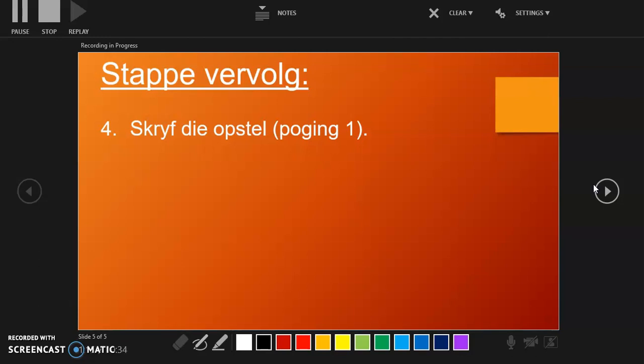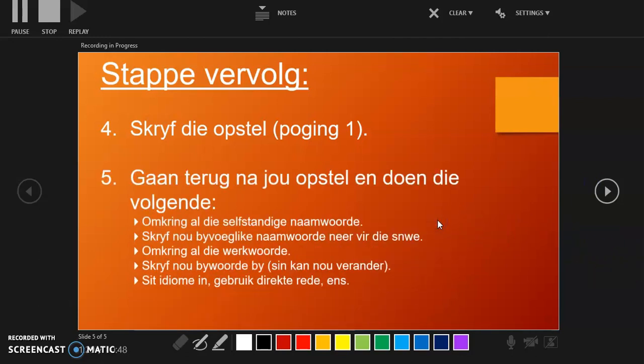You will have 5 paragraphs consisting of 3 sentences each. After writing your essay, this will be like your draft. Then we will go to step number 5.